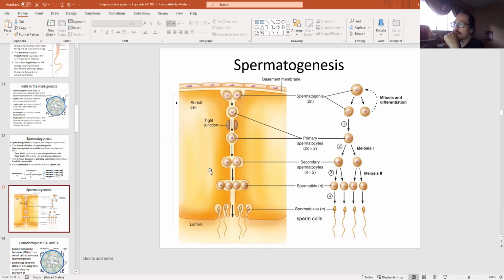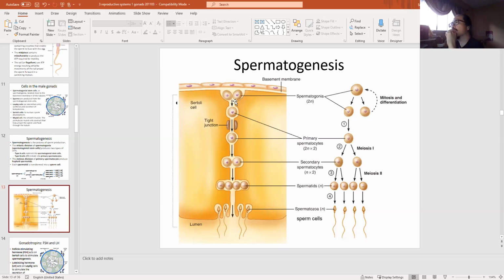They become, the shape will be different, their function will be different. So that's that. And while they are differentiated, they also move in toward the lumen.